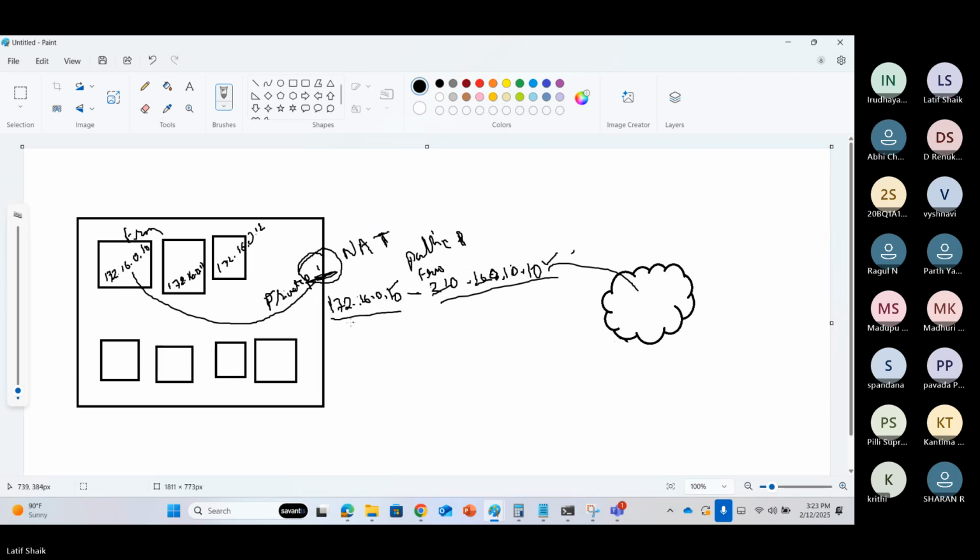Okay. So I have multiple devices. For every device, there is some private IP, and that IP address is mapped to some public IP address. So if 10 servers are there, 10 public connectivities are required.